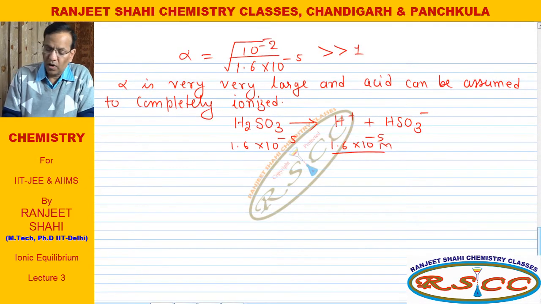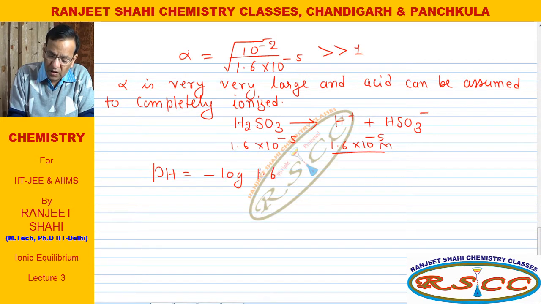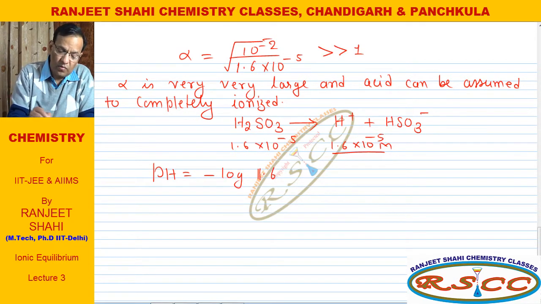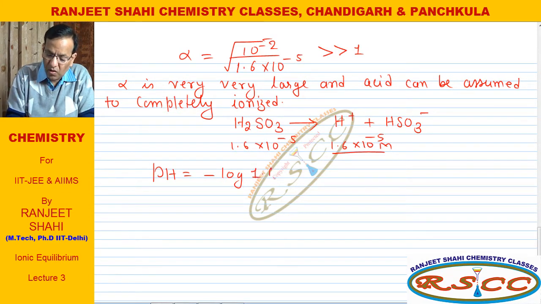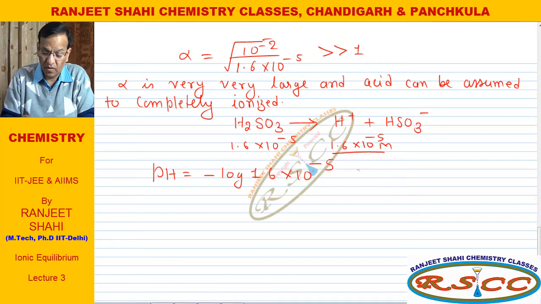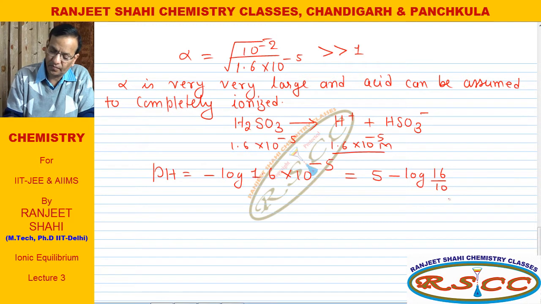So pH can be determined by taking the negative log of this. So pH will be minus log of 1.6 × 10^-5. If we take the negative log of this quantity, it will be 5 minus log of 1.6, which can be written as 16 by 10.